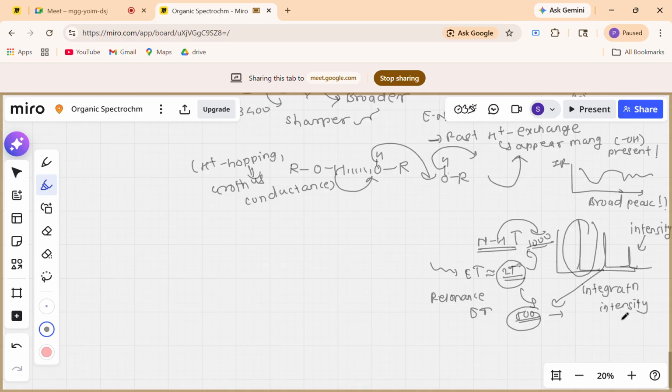So it represents how many bonds are present in the molecule, or the concentration of that particular solution. Understood? Yes, ma'am. Okay, we'll discuss this again in NMR, maybe it will be clearer, but in IR it represents how many such bonds are present.